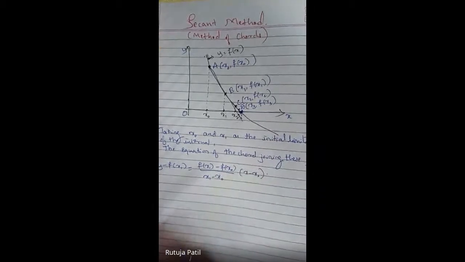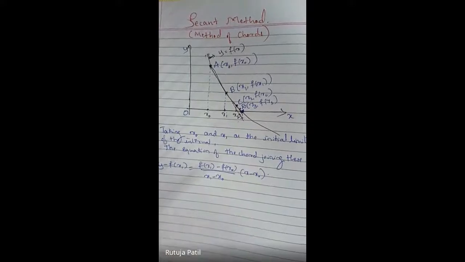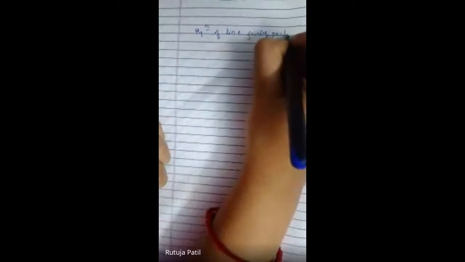See how we get this? Because we have the equation of the line, the chord joining the two points, in mathematics, right? So if you are not remembering, let me tell you. We have one equation in mathematics, that is the equation of the line joining the points.